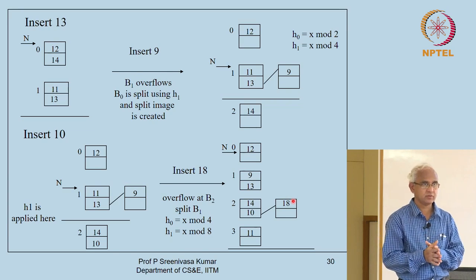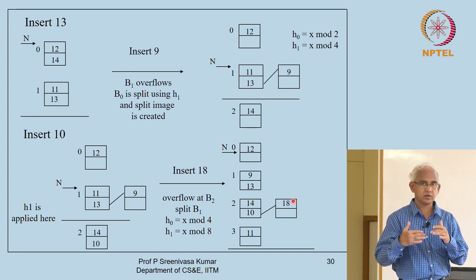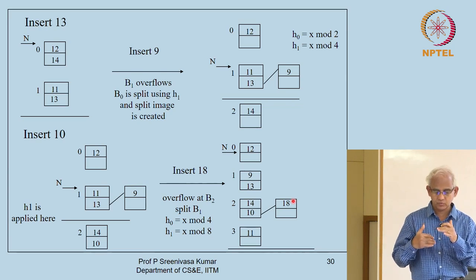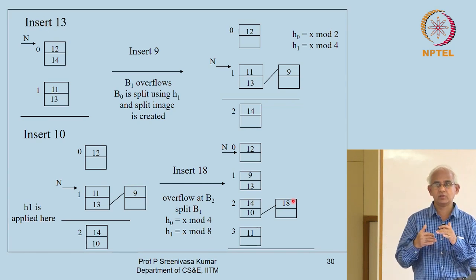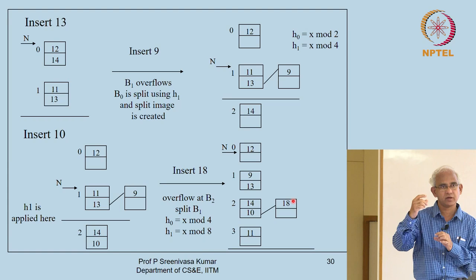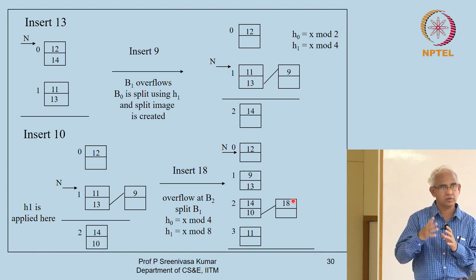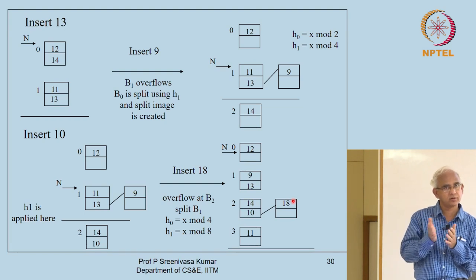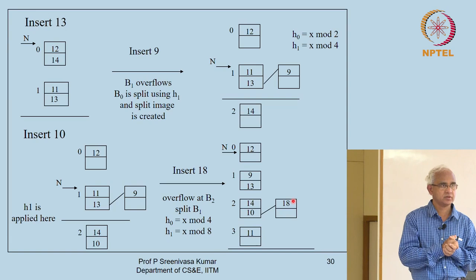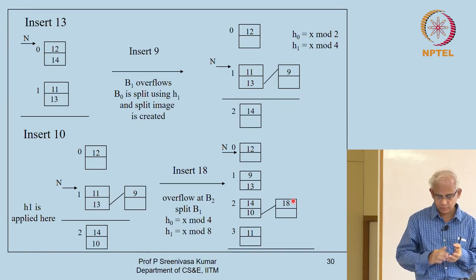In the case of linear hashing, for example, when shrinking occurs, you can keep discarding the split images. You can merge the split image with the original data bucket if both of them become less than half full. When the number of buckets decreases, you can switch back to the old pair of hash functions. Okay. So, that is how linear hashing works.